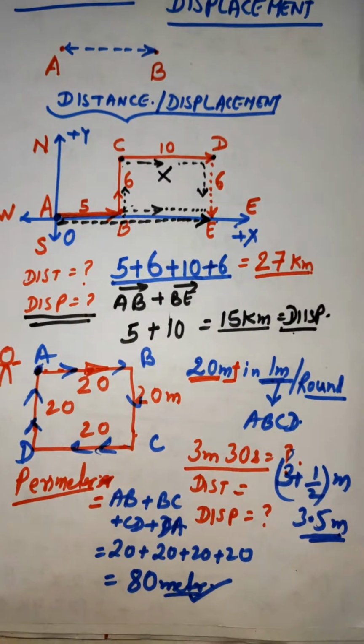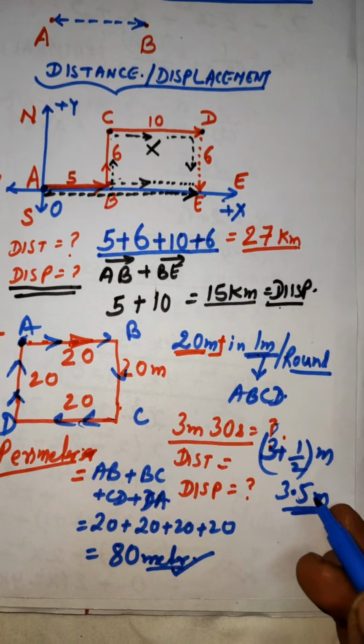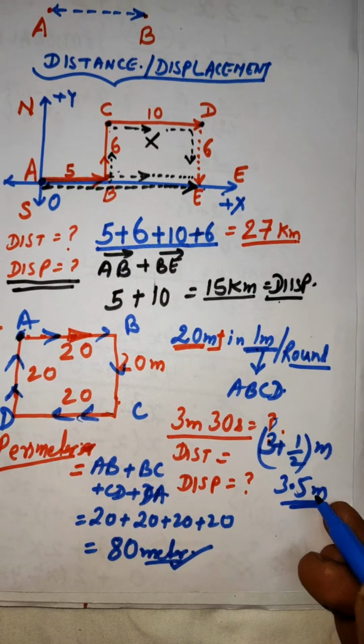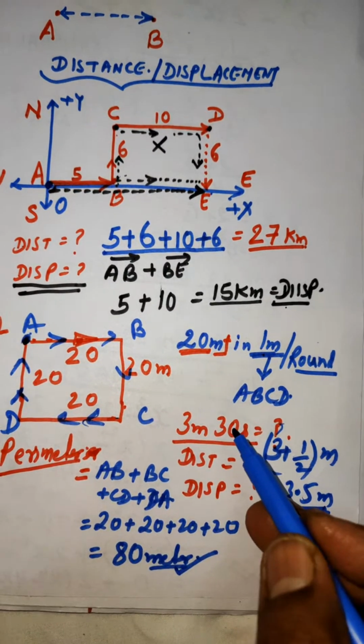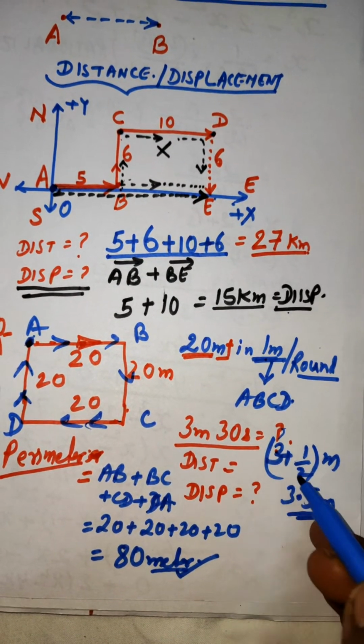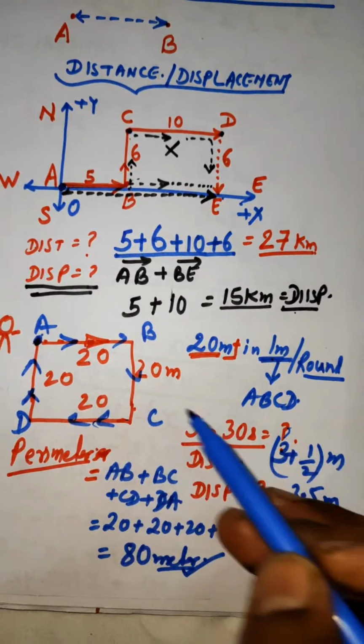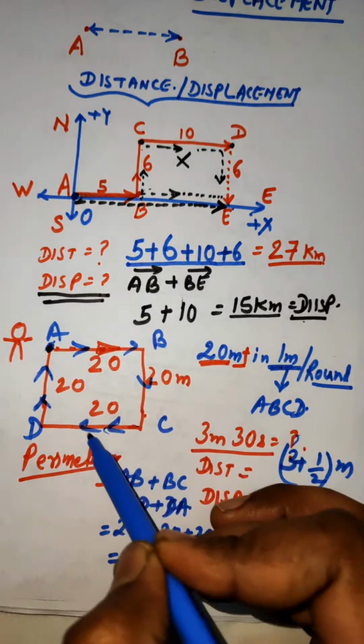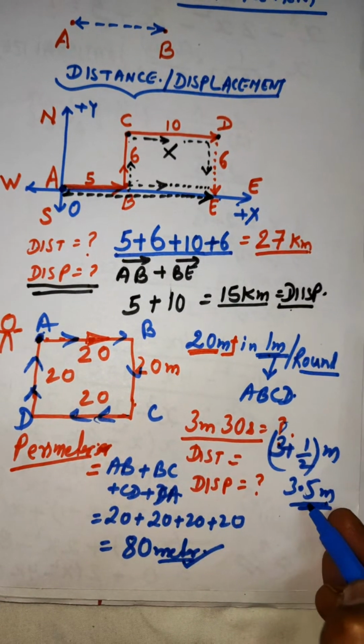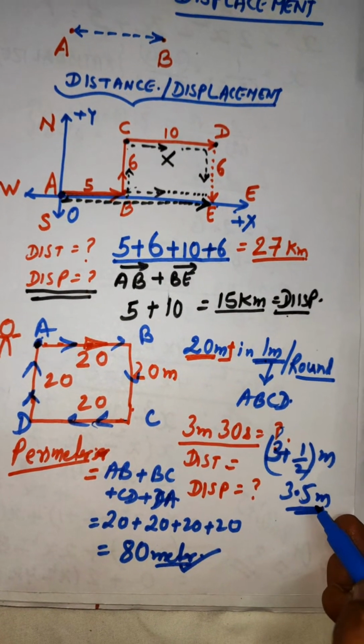Yes. So 3.5 minutes is the time given in the question, where we need to find the total distance and displacement covered by the man when jogging around the square park in 3 and a half minutes, right?